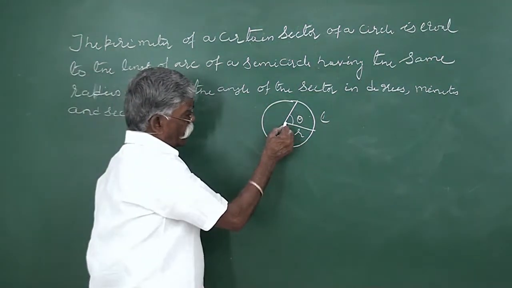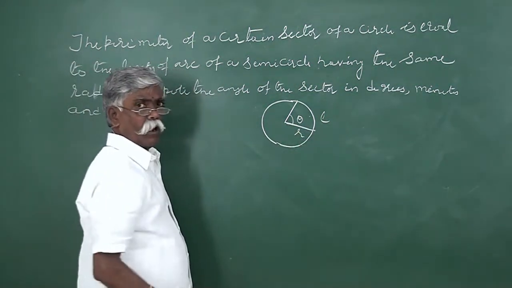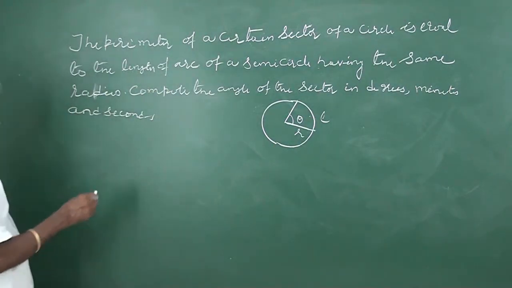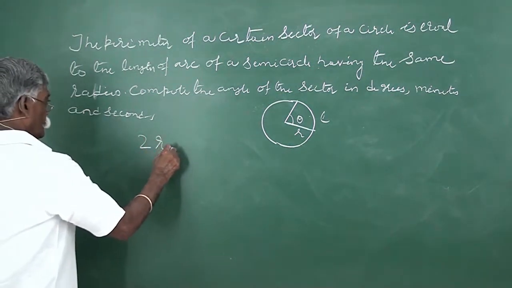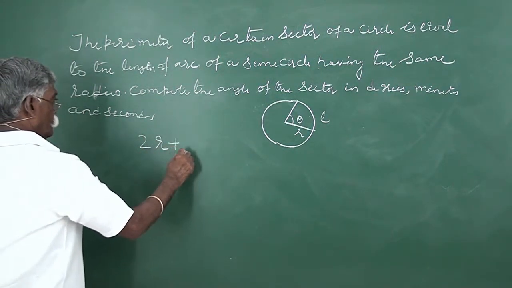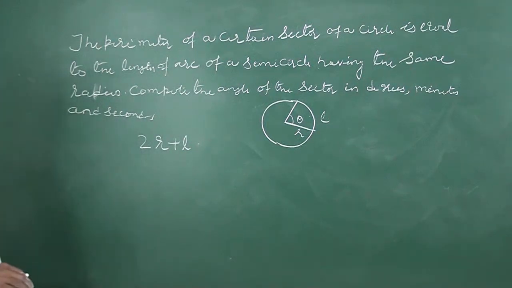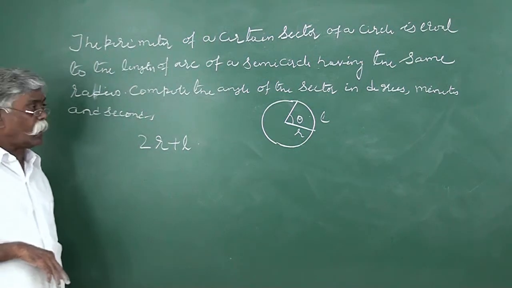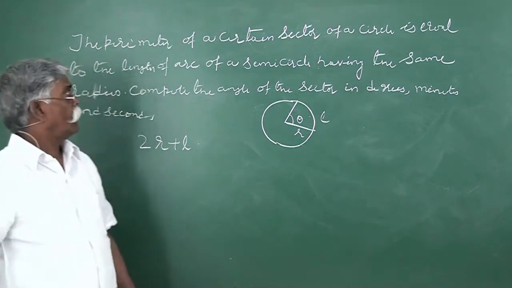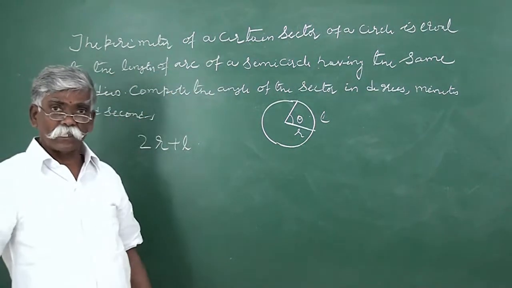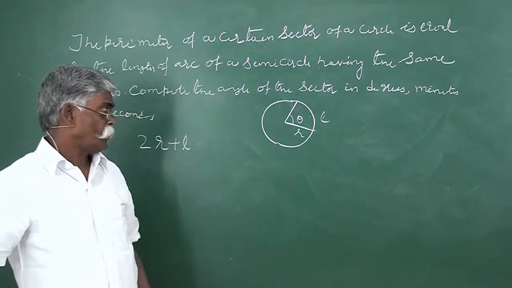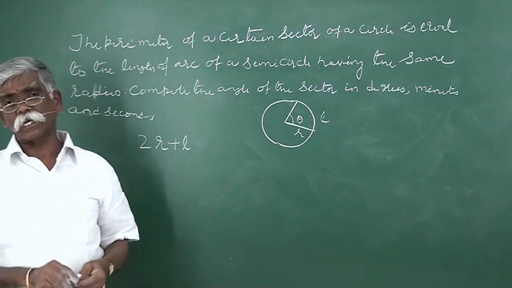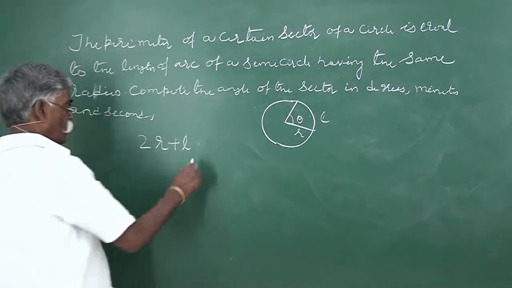Now if the radius of this circle is taken as R, the perimeter of the sector becomes 2R plus L. And this perimeter of the sector is equal to the length of the arc of a semicircle of same radius. Since the radius is R, the circumference of a circle is 2 pi r and the circumference of a semicircle is pi r.